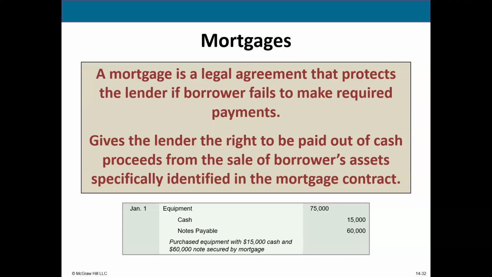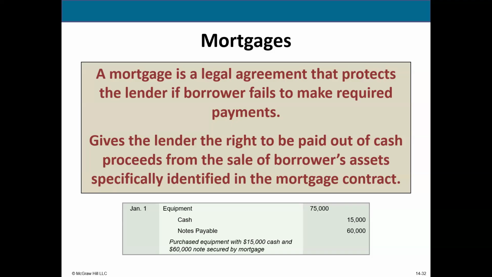It implies that the borrower is required to make the payments to the mortgage holder, the bank, and this is a way of securing the asset. This gives the lender the right to be paid out cash proceeds from the sale of the asset if a contract exists as well.